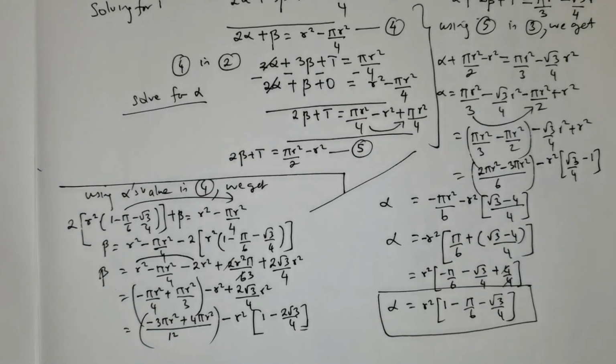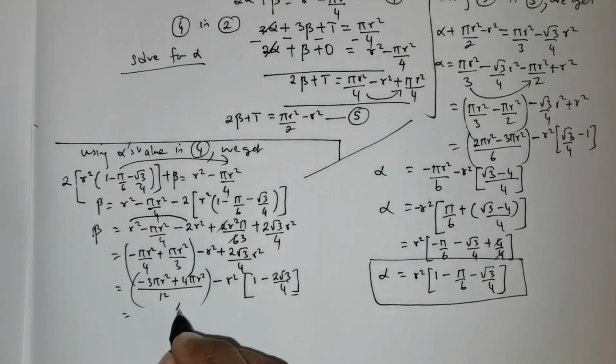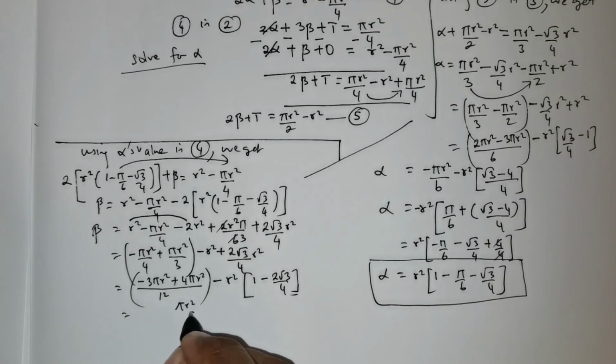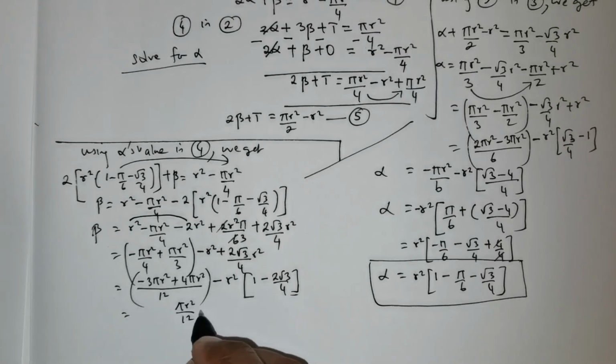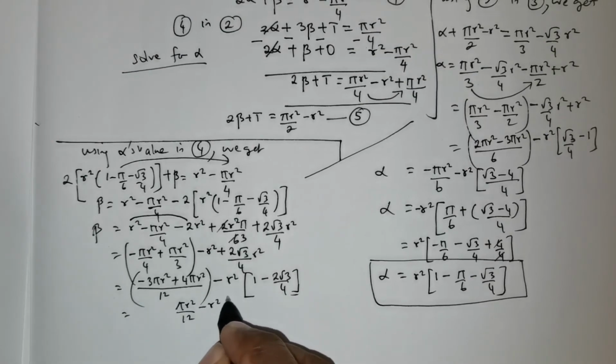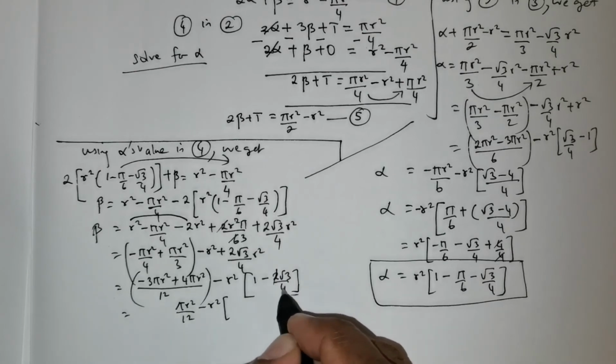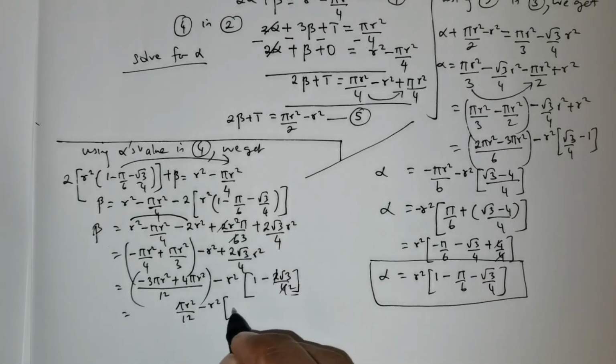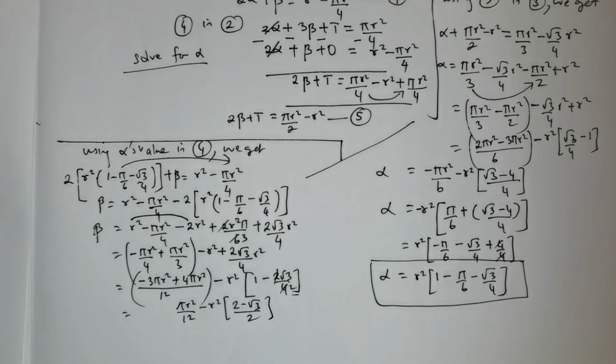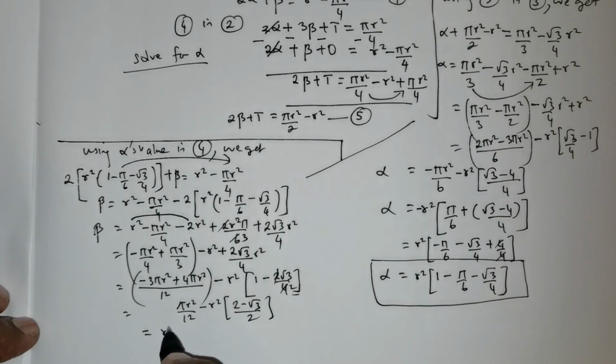So this can be rewritten as 4 pi r squared negative 3 pi r squared would give me pi r squared divided by 12, and negative r squared. This is going to be 2 there. So you get 2 negative root of 3 divided by 2. I can simplify this by taking r squared out.